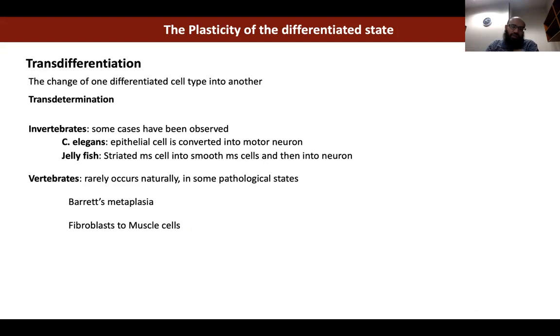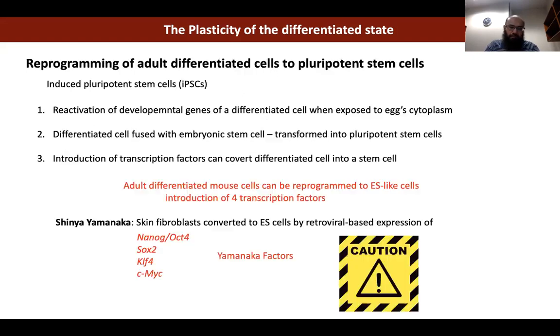So if you take fibroblasts and start expressing the MyoD transcription factors, the fibroblast starts expressing muscle-specific proteins, and their phenotype changes into muscle cells. So this is also an experimental way you can change the differentiation state of a given cell type.